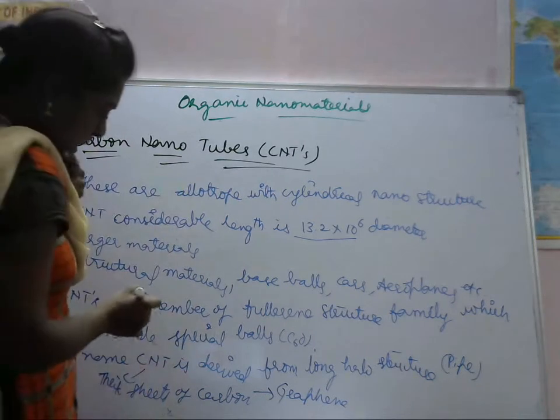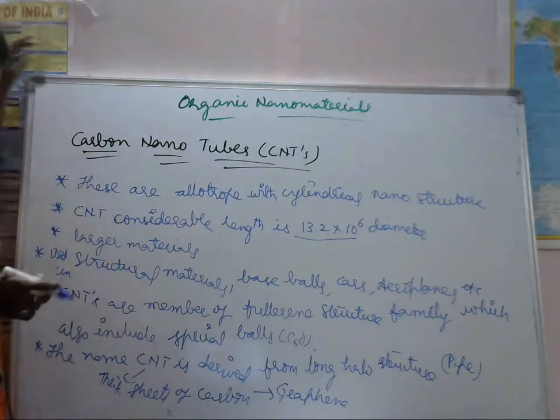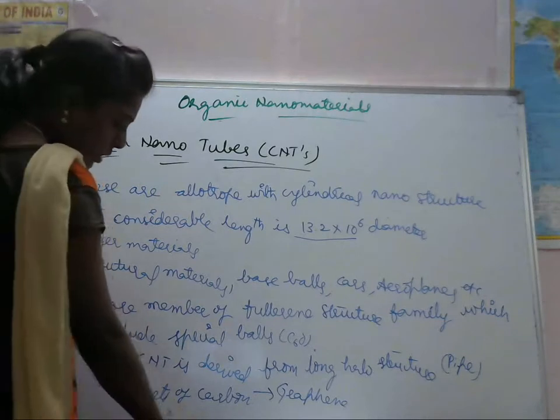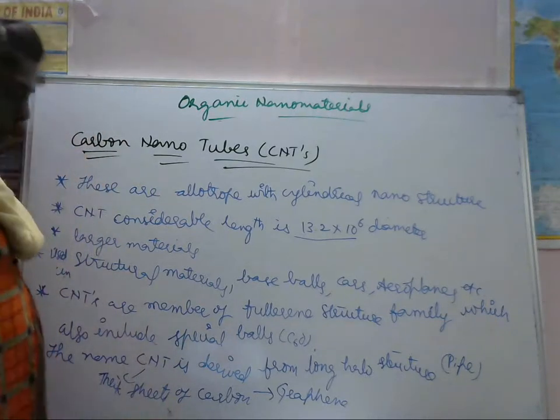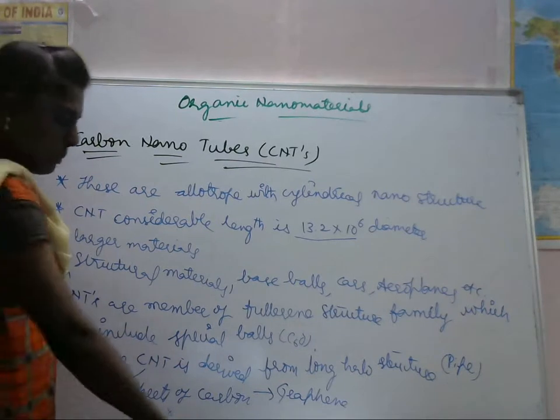Okay, so the sheets are rolled at a specific angle. So nanotube properties are based on rolling properties.